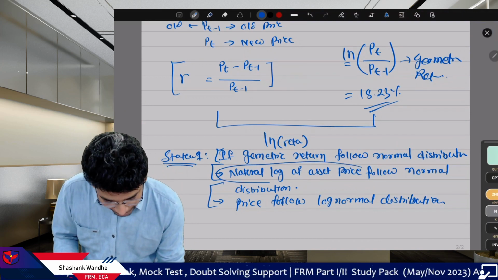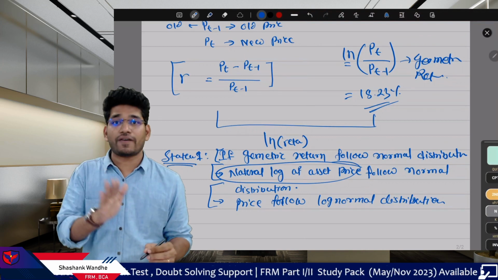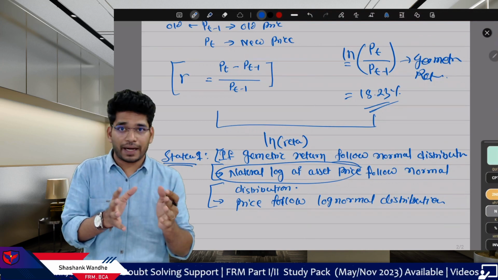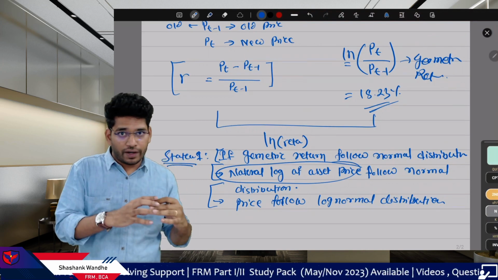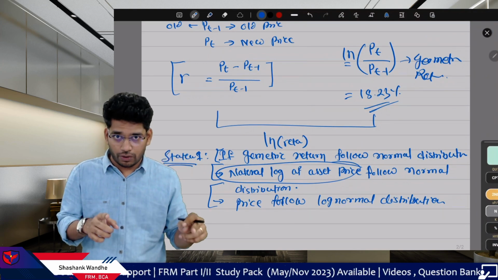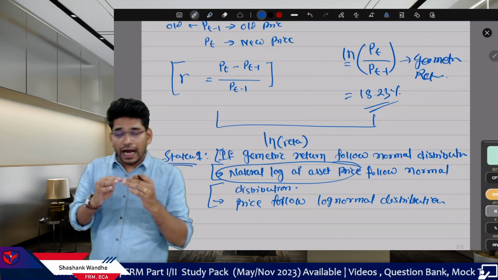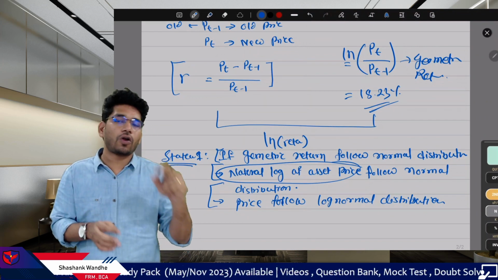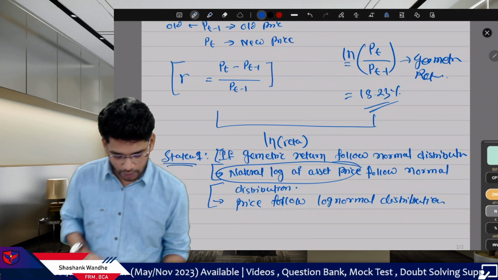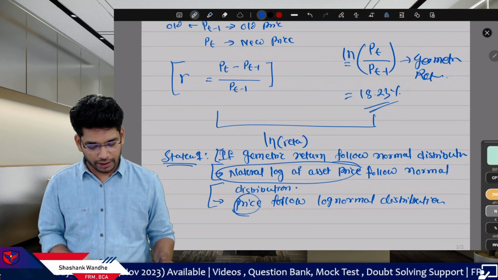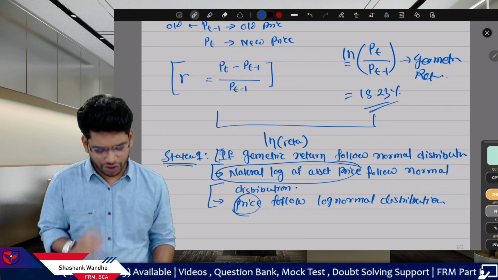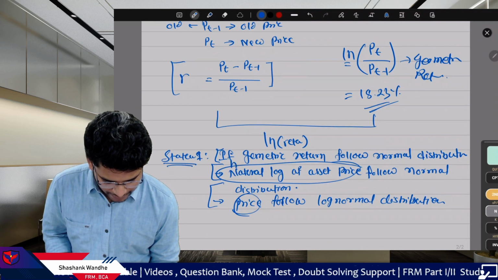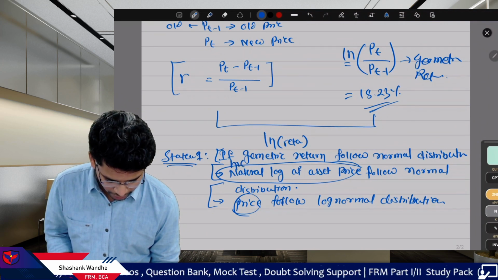If you calculate ln of asset price, natural log of asset prices, and then you plot it on the distribution, it will follow normal distribution. And prices without any treatment will follow log normal distribution. Okay, so this is very simple. And here always remember just a very short trick: in one statement there is only one ln.